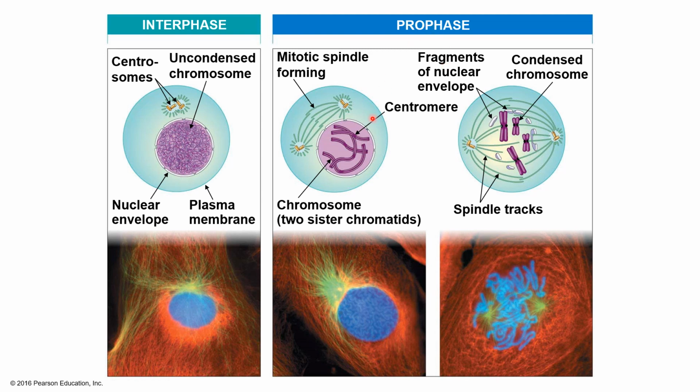So during prophase, several things take place. One is the chromosomes are going to start to condense. And again, meaning that those chromosomes are going to start looking like the chromosome shapes that we are used to.